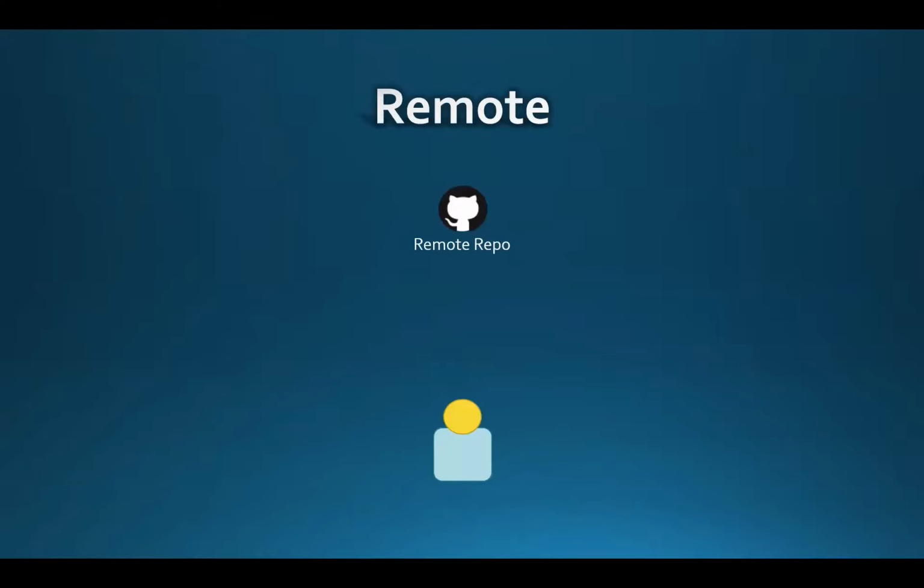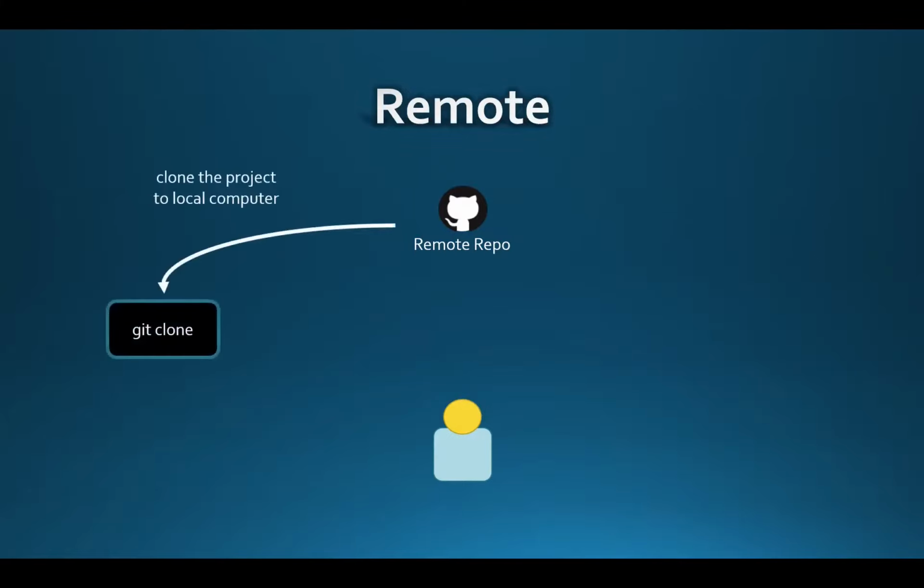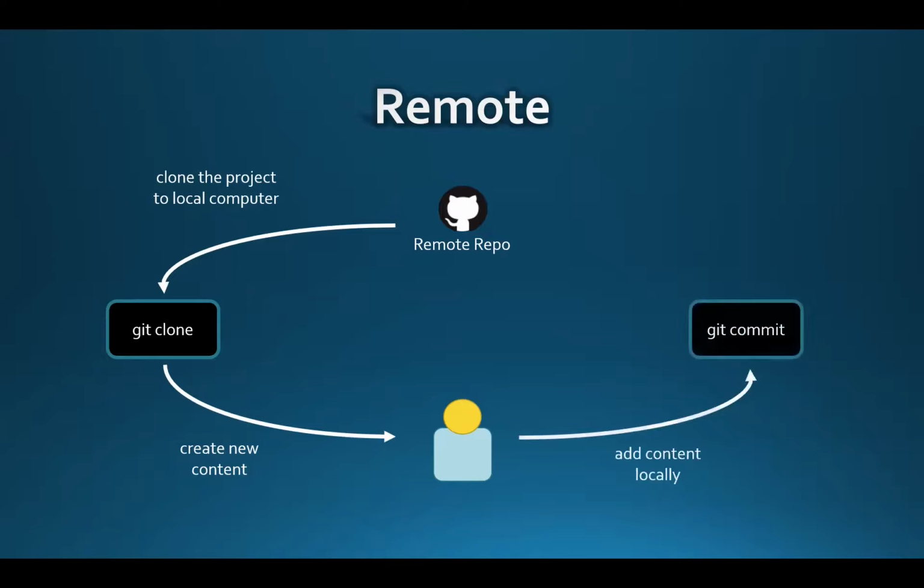The workflow when working with remotes generally goes as follows. You have a remote repository. You will use the git clone command to clone the project to your local computer. You'll then create new content, add files, edit files as you see fit, and commit those locally. These are going on in your computer, not the remote repo.